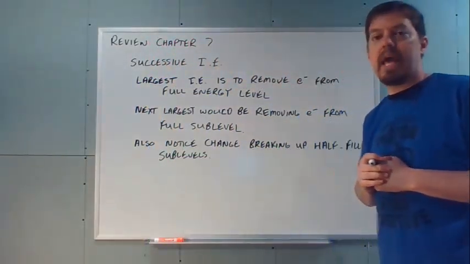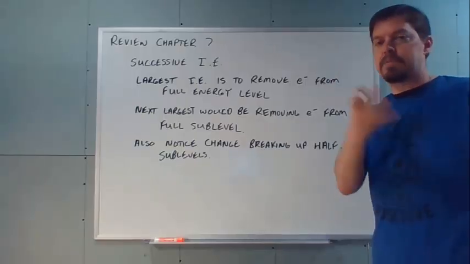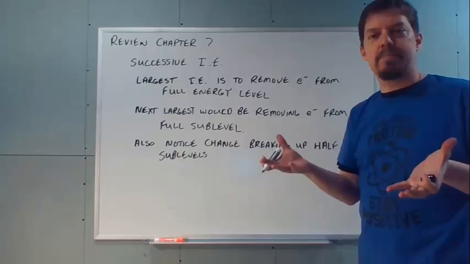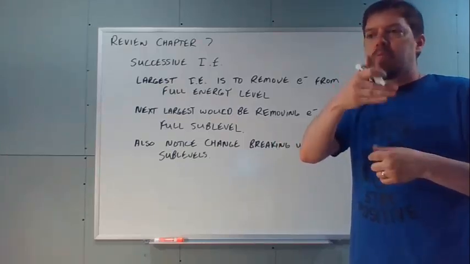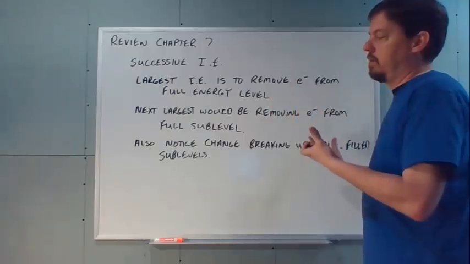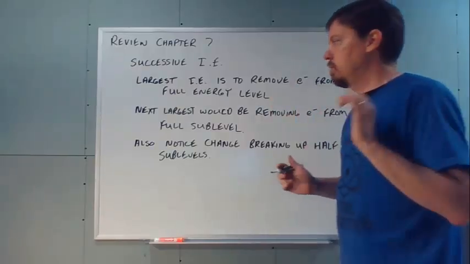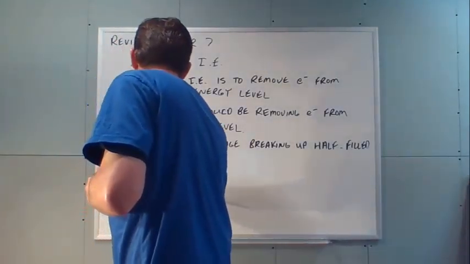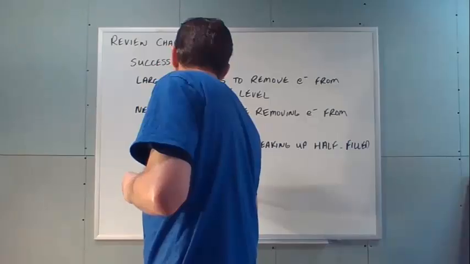The half-filled sublevels also have some sort of even distribution of charge. It's not as good as a full sublevel, but there is some stability related to having one electron in each of the p orbitals. And if you try to pull one of those out, you're going to see a change too. But you will always have the values increase.